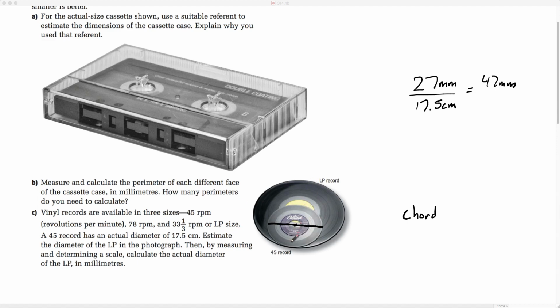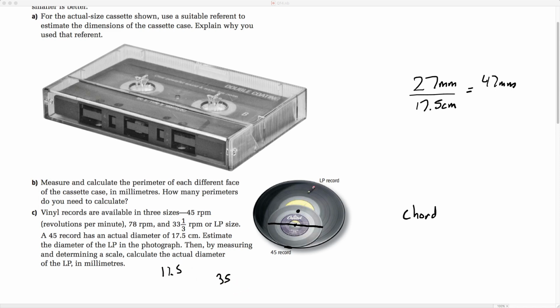So I notice that the 45 is touching at the same place as the LP. And so the 45 is going further than halfway. It's covering up the halfway point of the LP, which I'm sort of picturing as being maybe approximately right there. So it's just a little bit less than half. So if we were going to estimate, double this, 17.5 times 2 would be 35.